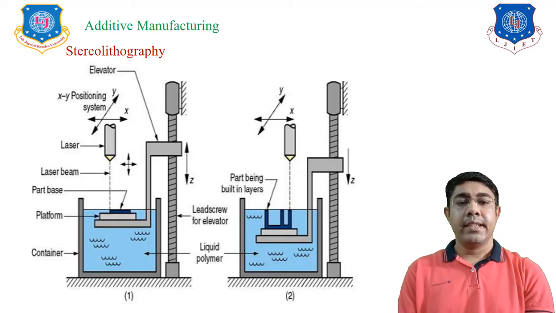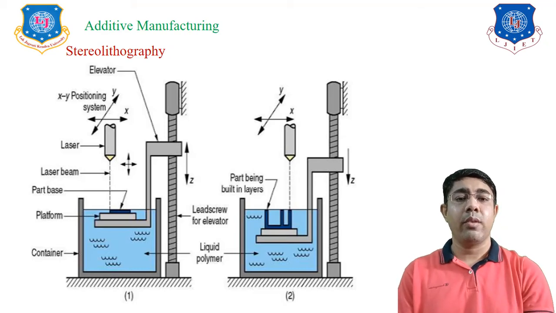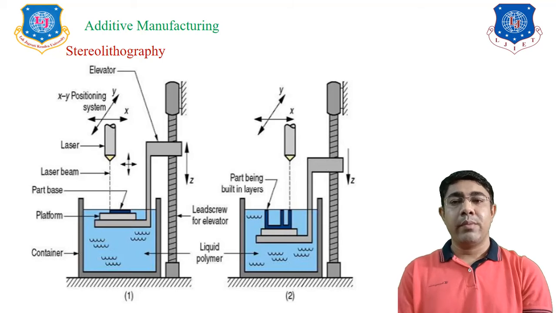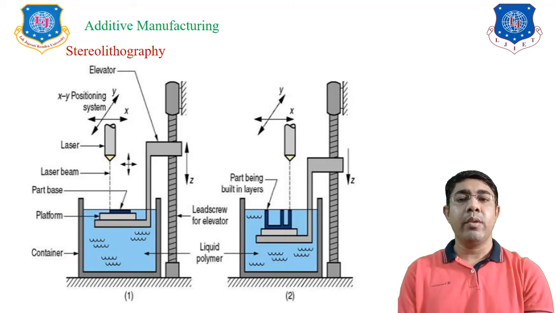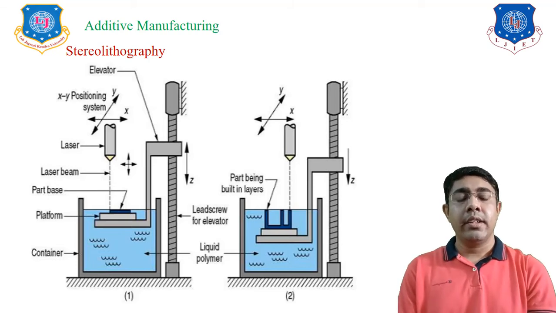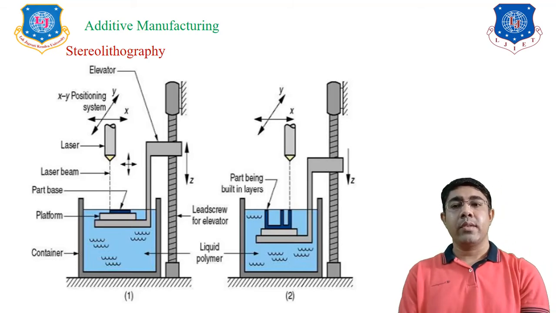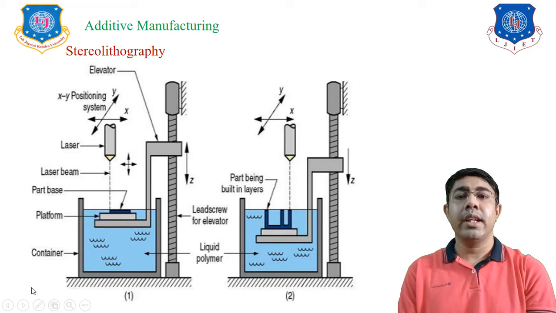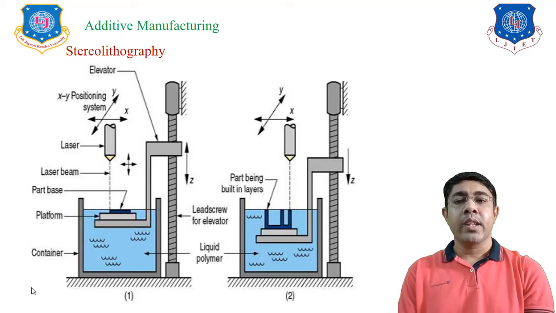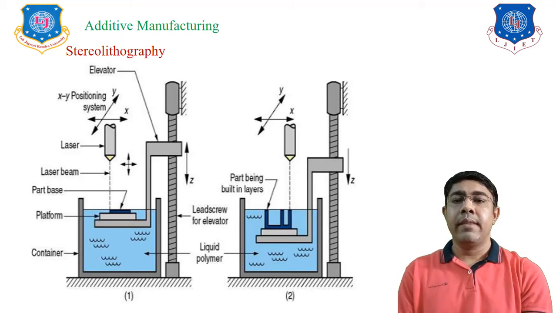The data exchange format used in this system was later considered the standard format for industrial purposes. Nowadays the STL format is considered the standard format to convert or transfer data for additive manufacturing processes.